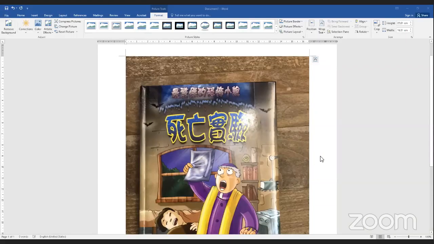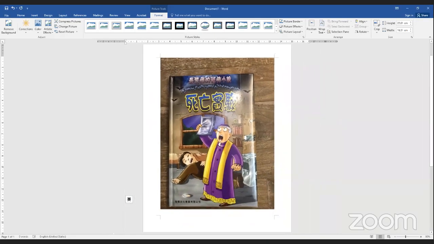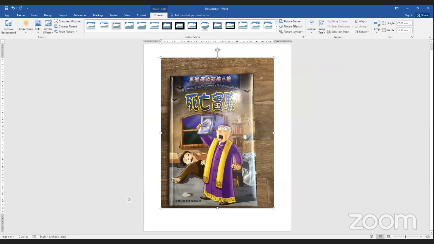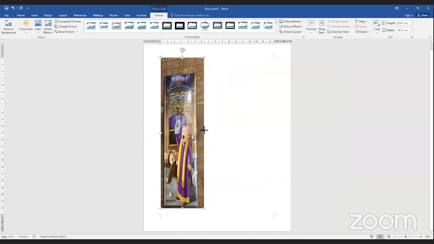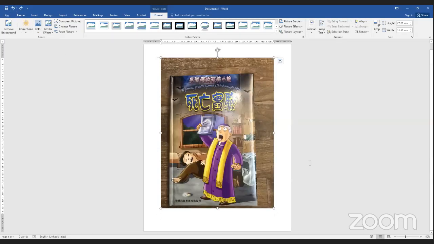Now, for example, if you have Microsoft Word, and I have put a picture in this document. And then if I think it is too big, I want to change the size. Now, if I move in this way, can you see that? The picture is smaller, but it is not similar to the original picture. This is the original, right?